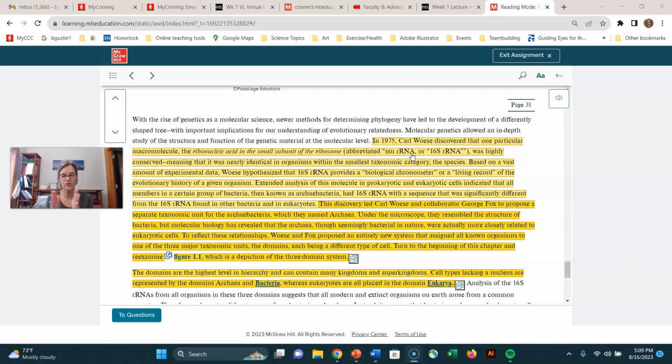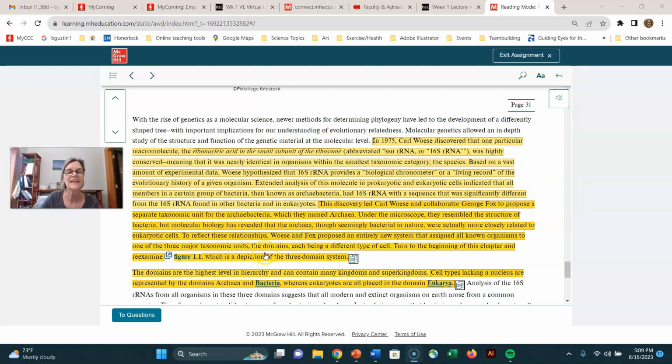And he found that you could analyze the sequence of the RNA and determine how closely an organism was related to others. And you can use that RNA to identify organisms. So we call this a molecular approach to identifying organisms or finding their relationships.